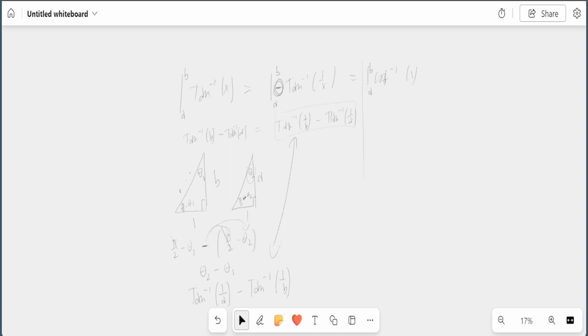I feel like I did it without so much stuff. Tangent inverse b is equal to that.